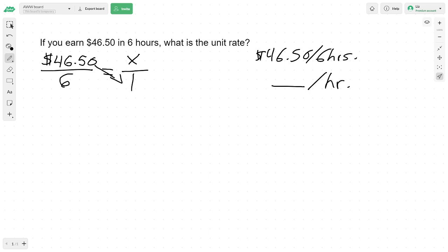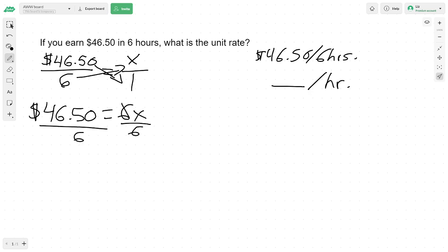So again, I'm going to do the cross multiplication here, although it's not entirely necessary. So I have 4650, because that times 1 is itself, equals 6x. And then I divide by 6.